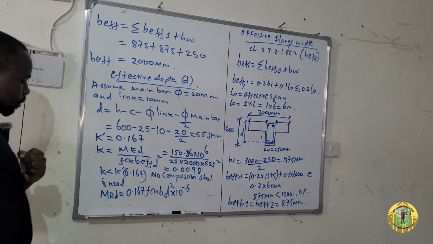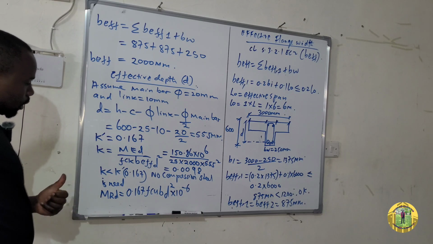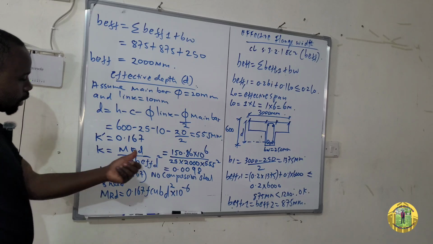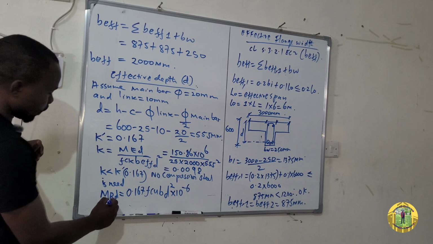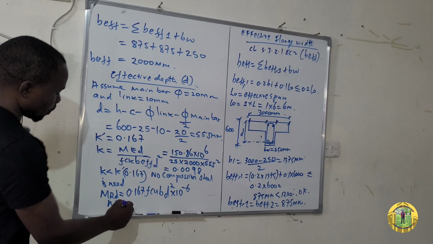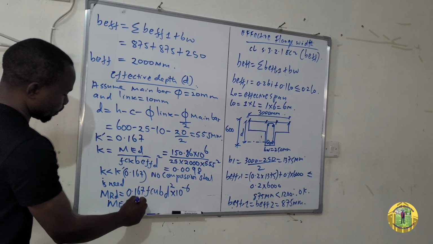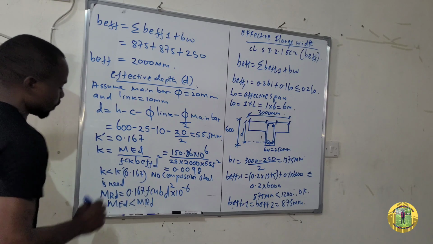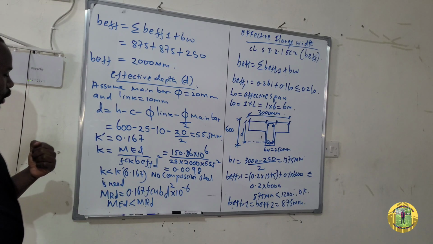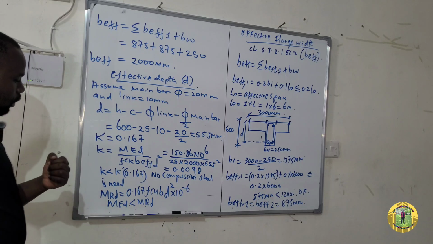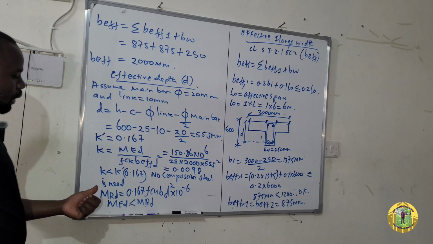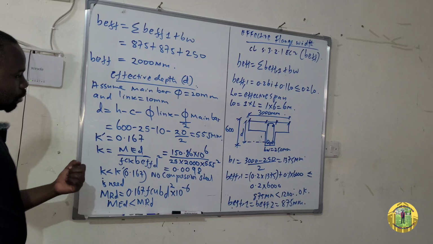And therefore, after getting MRD, you'll compare MRD with MED, whereby MED must be less than MRD for no compression steel to be used, and also for a singly reinforced design beam.